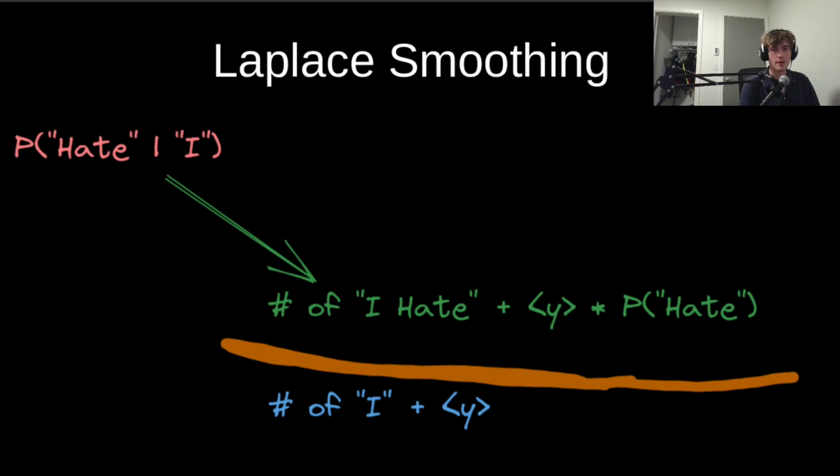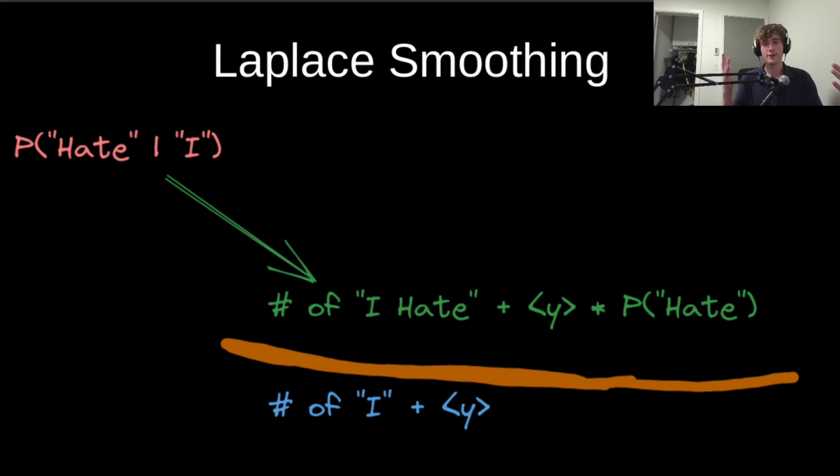It's important to note that Laplace smoothing scales with the number of tokens. So, for instance, if we're trying to predict that hate is the next word after I, we can do more Laplace smoothing and add another small constant, denoted as y in this example. So if I were trying to predict the probability that hate is the next token encountered after I, I could get the number of I hate, which is presumably very small.